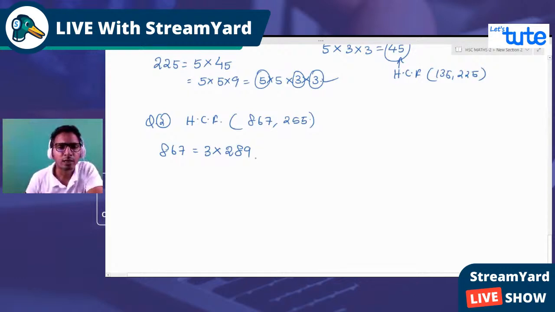Can we find factors for 289 further? Let's keep it as it is. Let's try to find it using 7. 7 3s are 21.